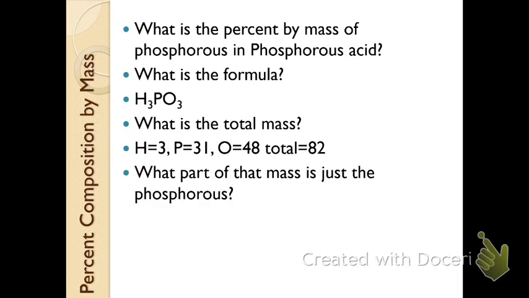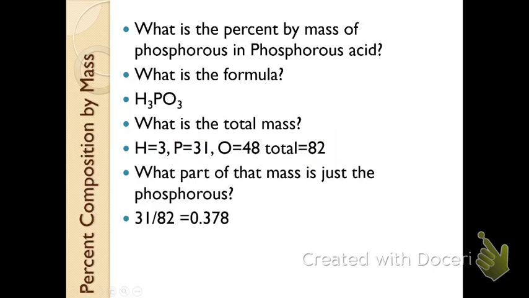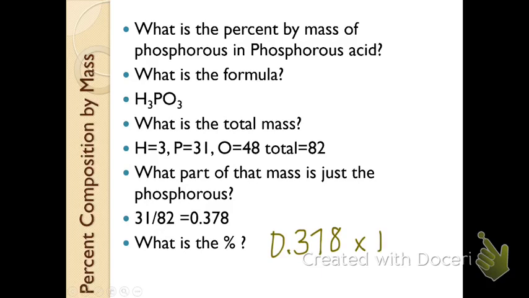Okay, so 31 of those grams out of the 82 is phosphorus, so that's 31 divided by 82, and when we do the math on that, that should make it equal to 0.378, and because I want the percent, I'm going to have to take that 0.378 and multiply it by 100. When I do that, you should have gotten 38% as a whole number.